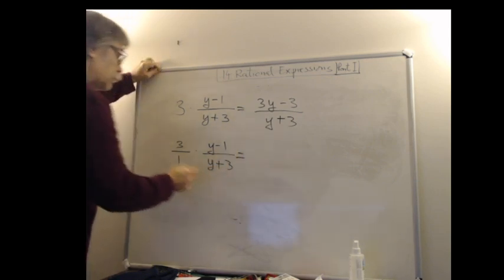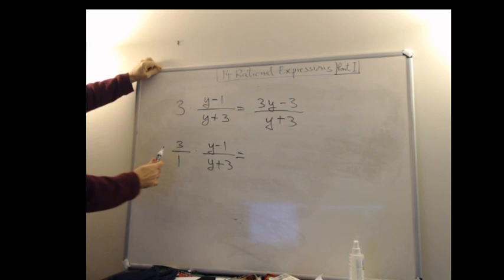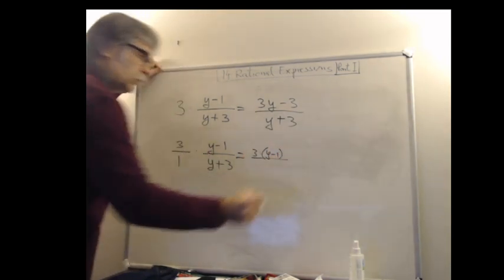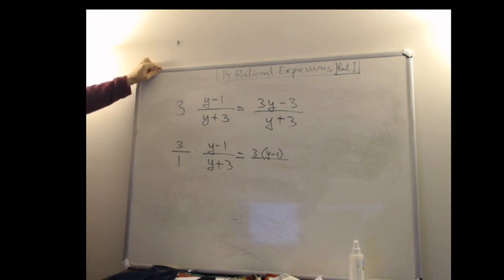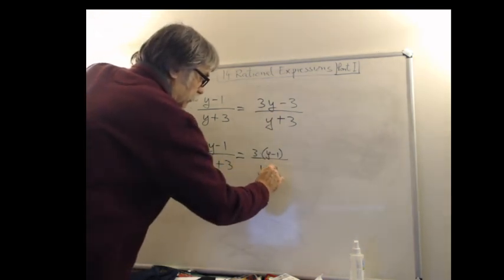So now I have this times this. Numerator times numerator. But again, remember, you need to multiply 3 with all of that. So you need to probably write that if you don't see ahead. Write it down. And now that you multiply 1 times this, which is the same thing, you don't really have to do much.